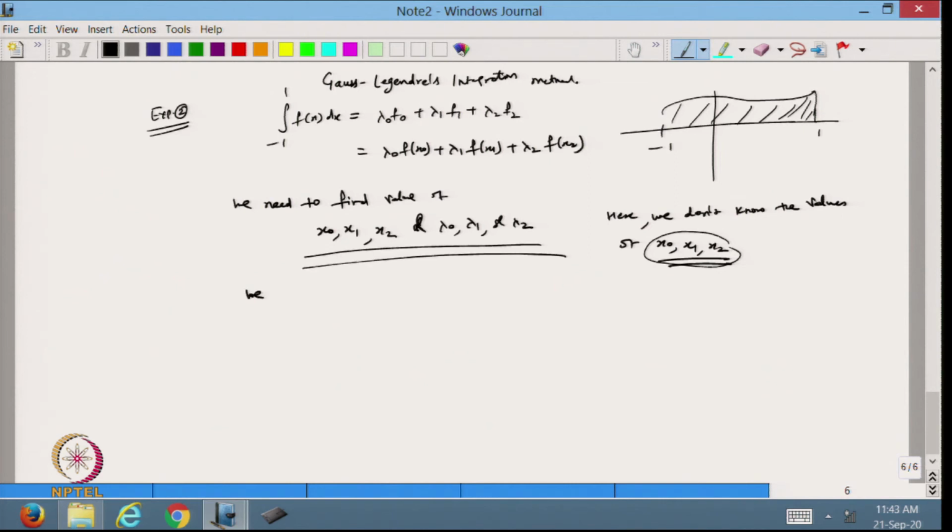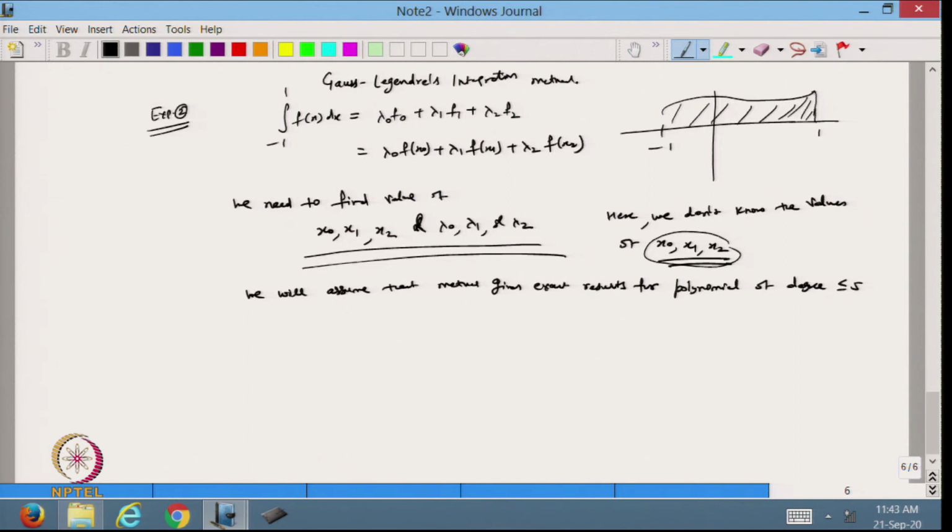So, we will assume that the method gives exact results for polynomials of degree less than or equal to 5. So, that we will consider.